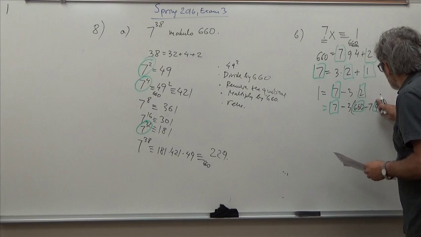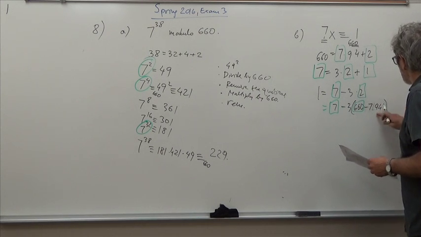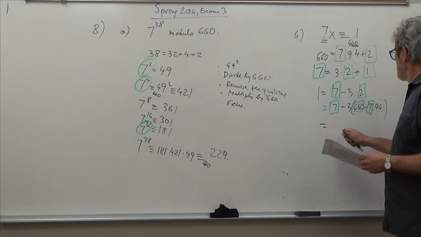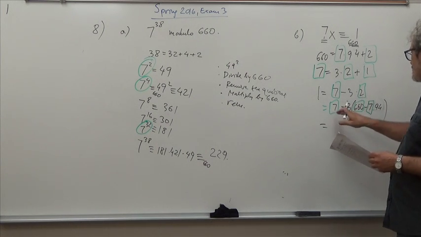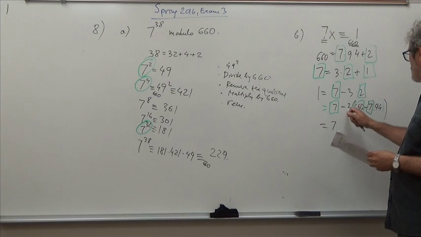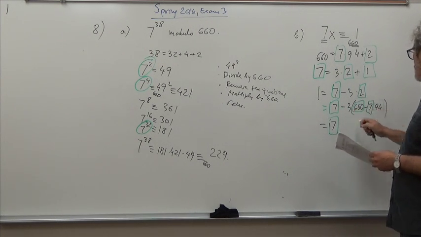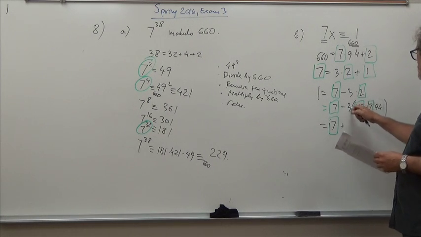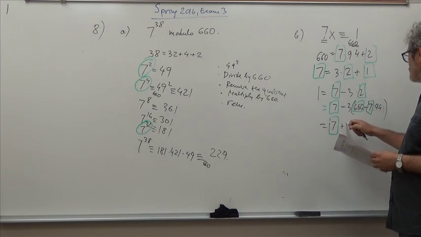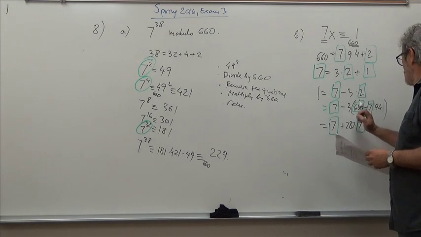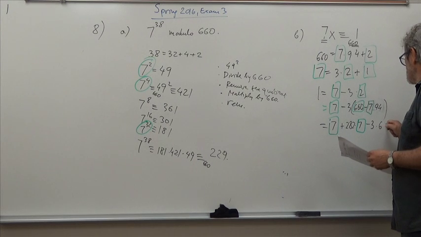And no, not 94, 7 was reserved. I'm rushing this. So what would that be? How many 7s? So I have 7, plus 3 times 94 would be 282 7s, and minus 3 times 660.